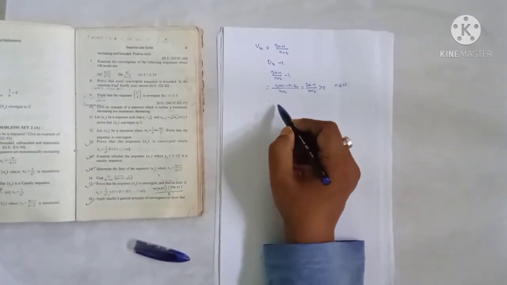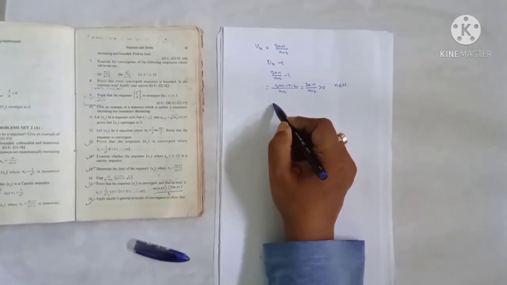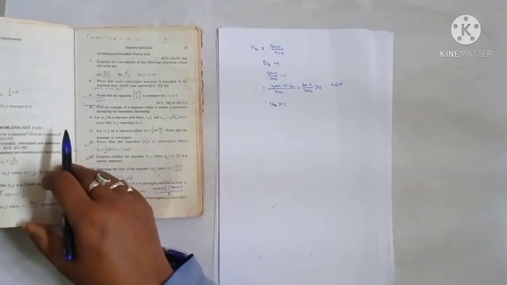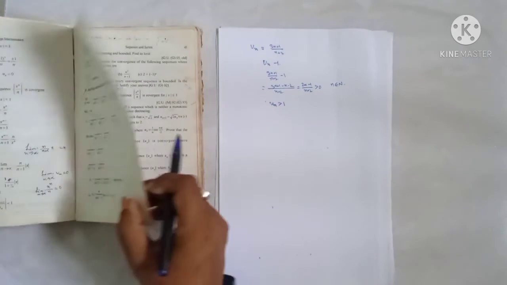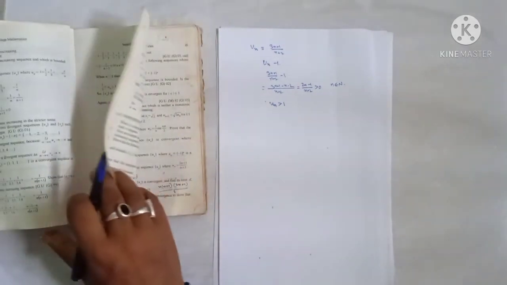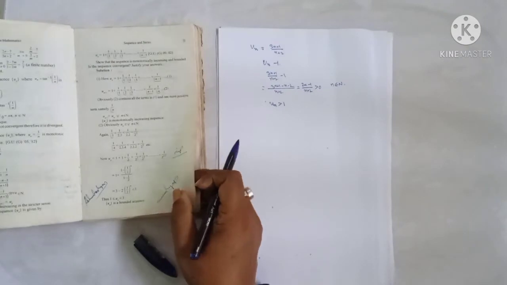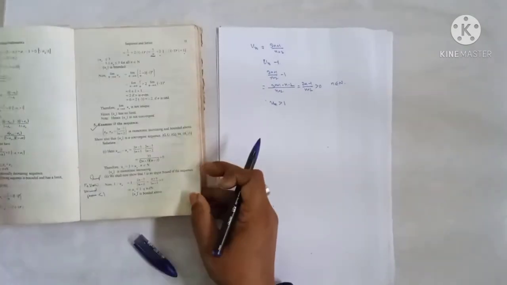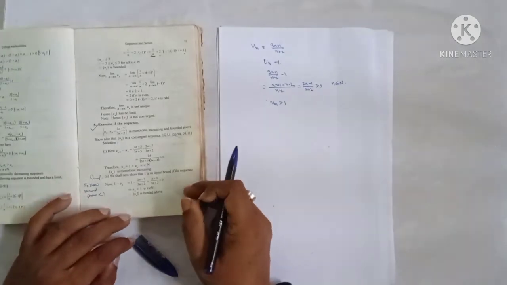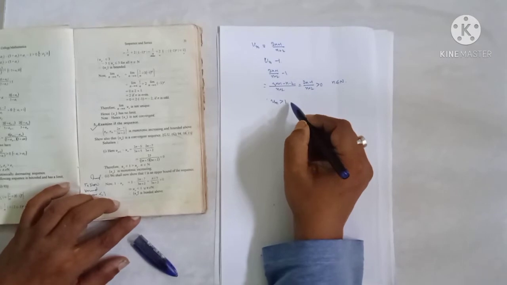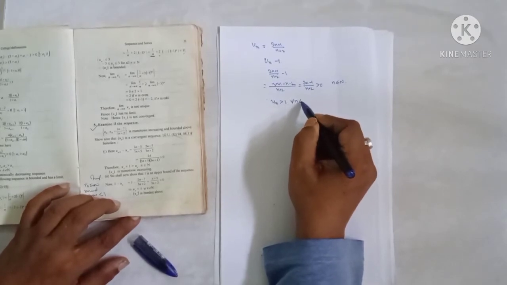This is greater than 0, that means your un is greater than 1. So your un is greater than 1 here. In the example given here, un is less than 1, so it was bounded above for every n belongs to natural number.